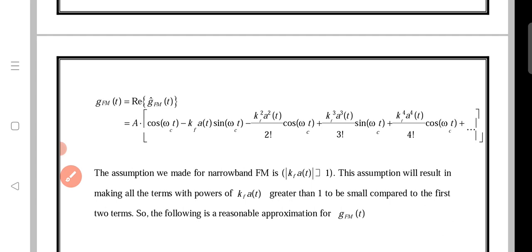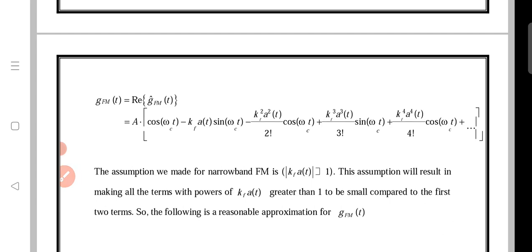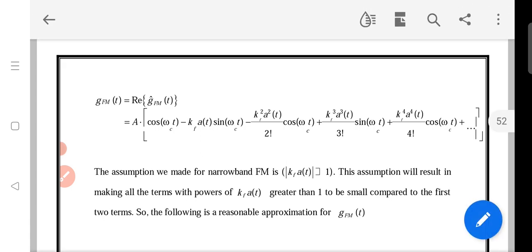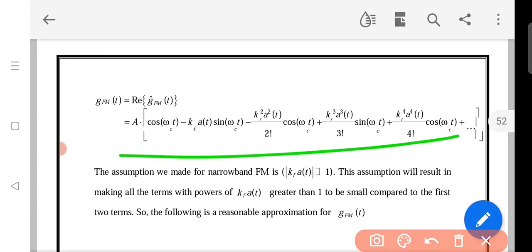So the real part of gm of t is finally this equation: A cos omega ct minus kf a of t sin omega ct minus k square a square of t by 2 factorial cos omega ct, and here also sin omega ct, because j into e power j omega ct is equal to minus sin omega ct, and e power j omega ct is equal to cos omega ct.